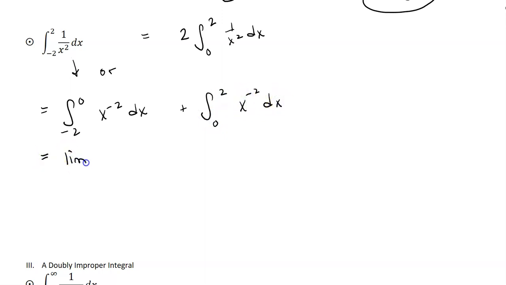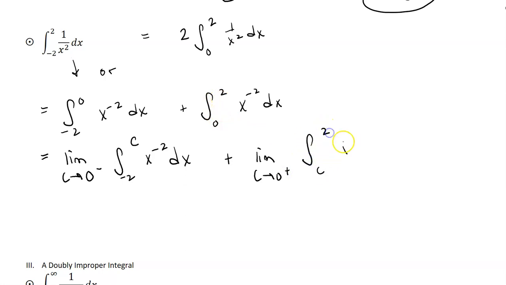And then here we would have the limit as c approaches 0 from the left, because these numbers are less than 0, of the integral from negative 2 to c of x to the negative 2 dx, plus the limit as c approaches 0 from the right, because these numbers are greater than 0, of the integral from c to 2 of x to the negative 2 dx. Either way is fine.